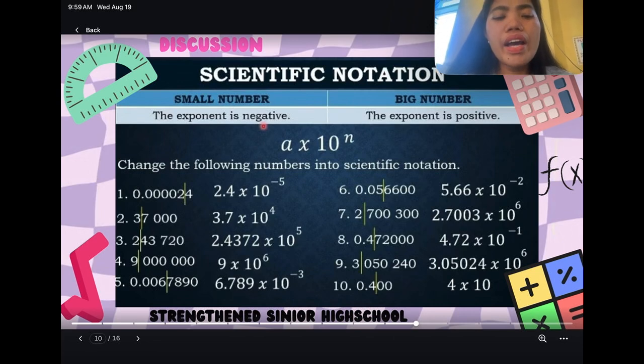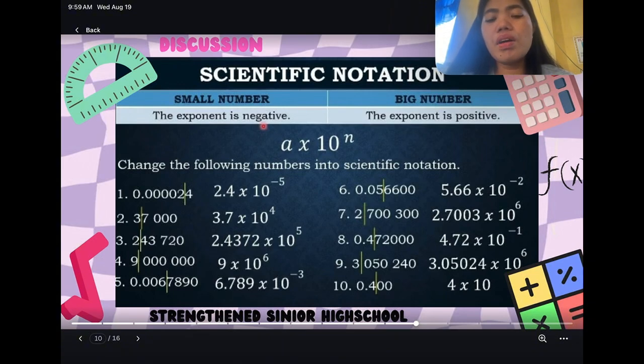Number 5, 0.0067890, will be 6.789 times 10 raised to the power of negative 3. Number 6, 0.056600, is 5.66 times 10 raised to the power of negative 6. Number 7, 2,700,200, is 2.7003 times 10 raised to the power of 6.